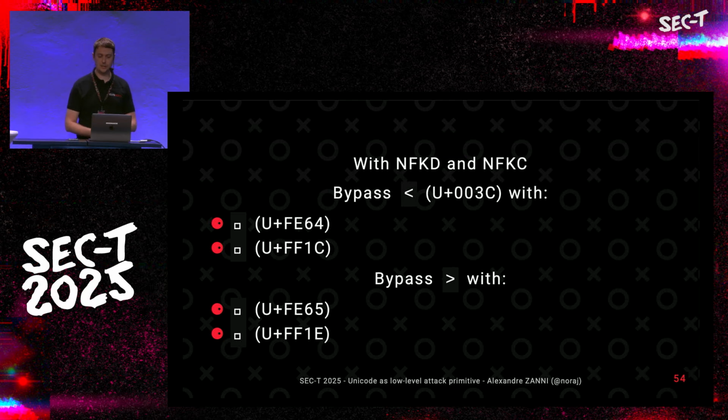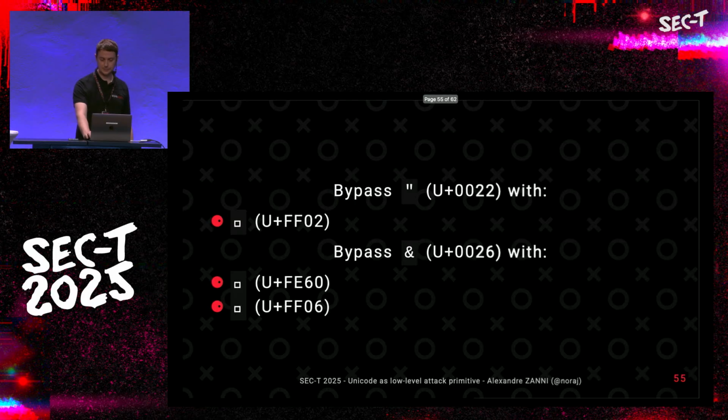But there are actually some weird Unicode characters that, when transformed with NFKC or NFKD, will result in a normal opening or closing HTML tag. And the same for quotes and other HTML special characters.